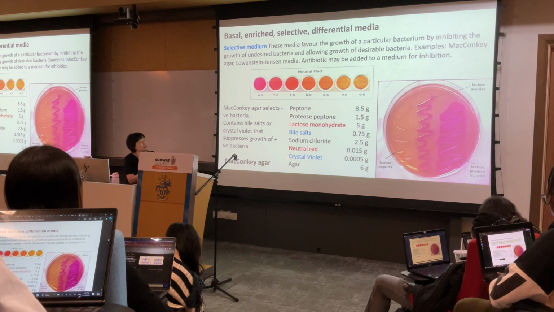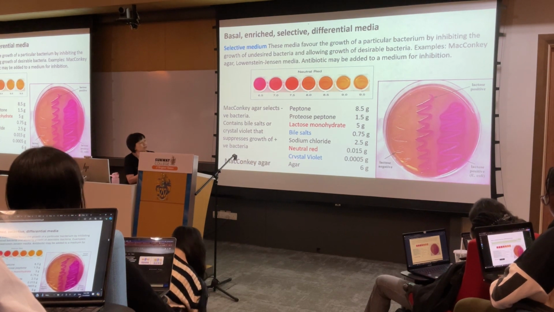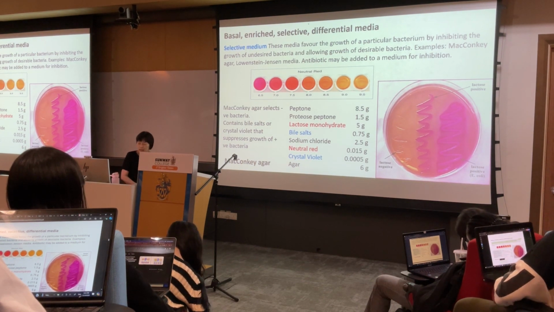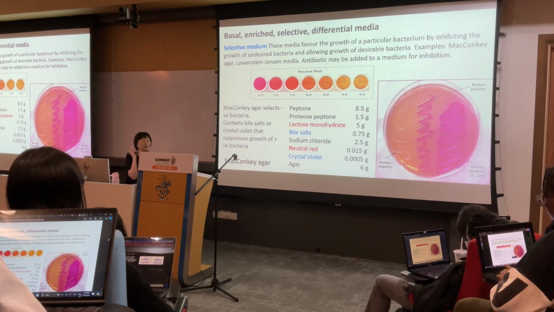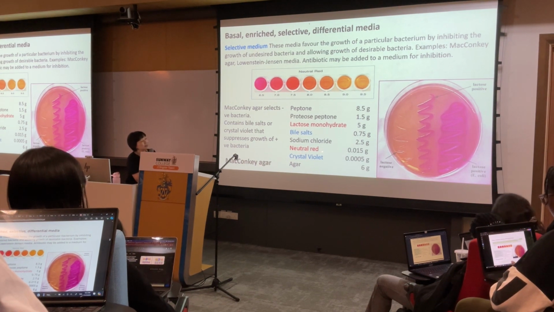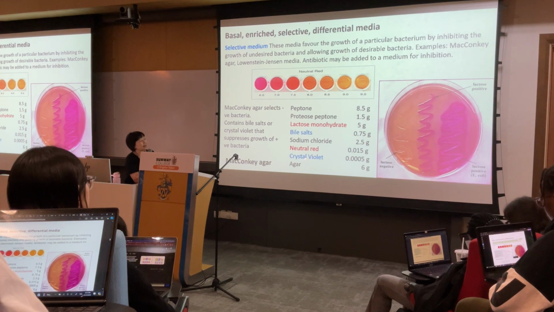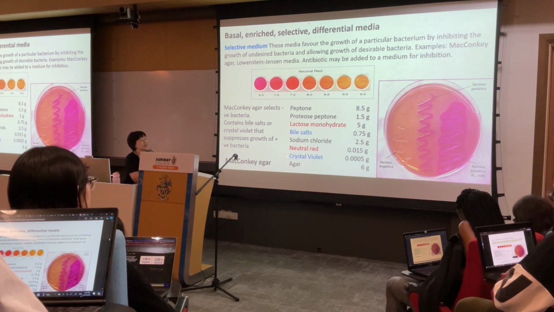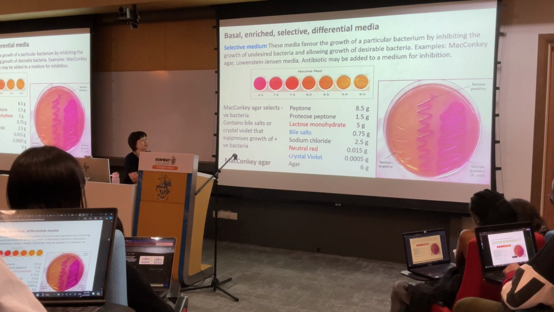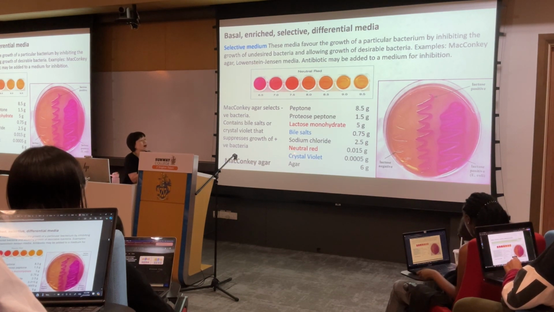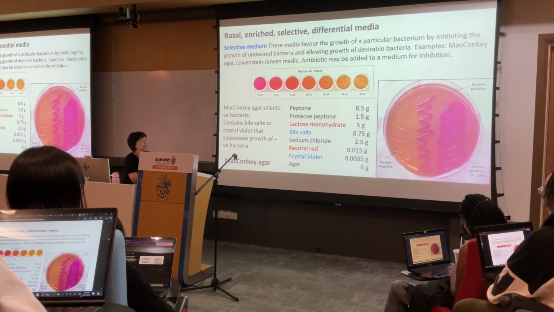For example, crystal violet is positively charged, and somehow it's also killing the cells. In large amounts, it's actually able to kill the cells by interacting with the DNA.